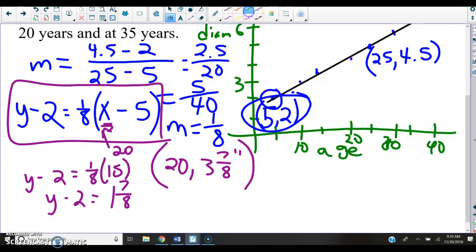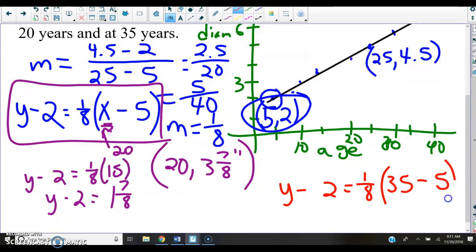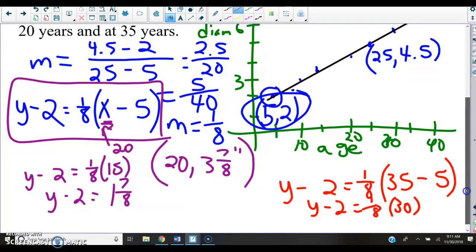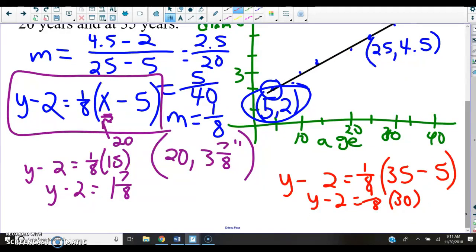Okay. Let's go red. Y minus 2 equals 1/8, and now I put 35 in for my x because they asked me to estimate it at 35 years. So y minus 2 is 1/8 of 30, and I think that's 3 3/4.